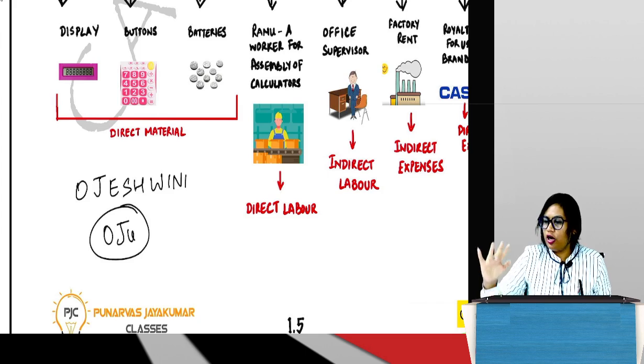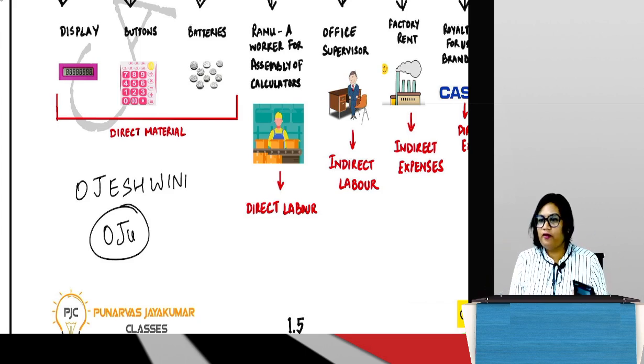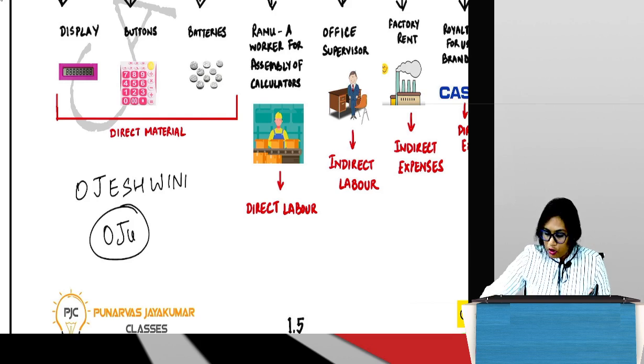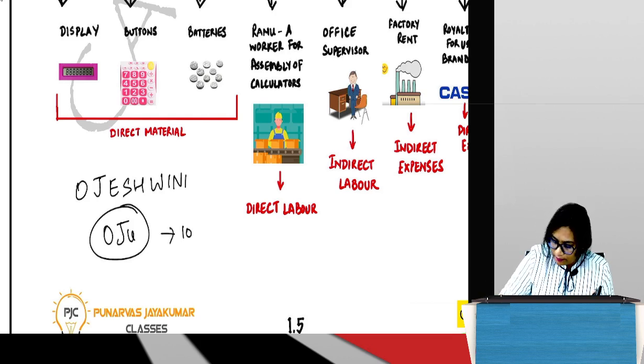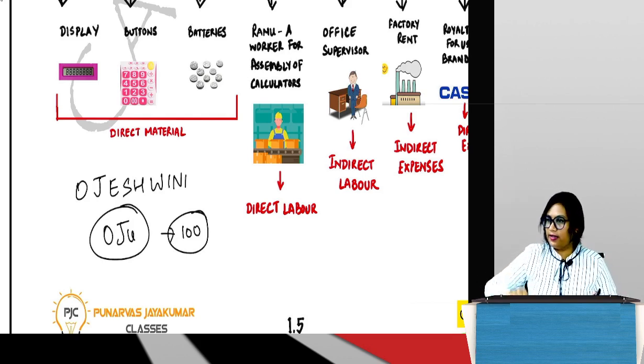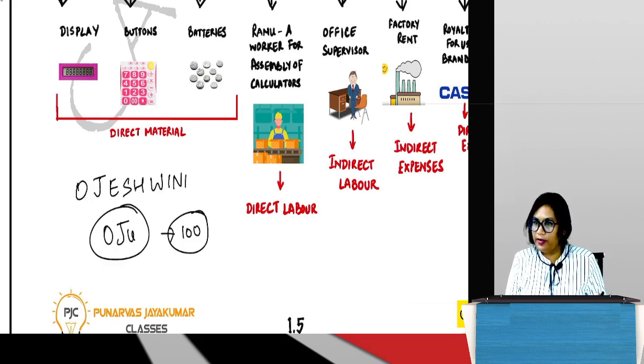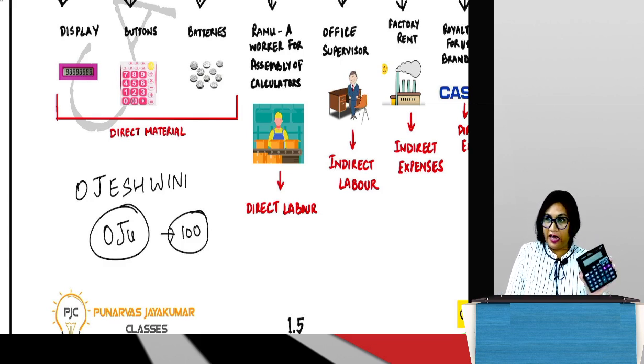So she does all her research and everything, puts a plant in place and starts manufacturing calculators. She has manufactured 100 calculators and she's like, now I'm going to sell this in the market. I'm sure commerce CA students are going to be very benefited by this new calculator which has come in the market. It integrates AI and all.